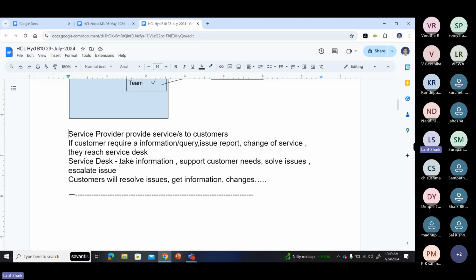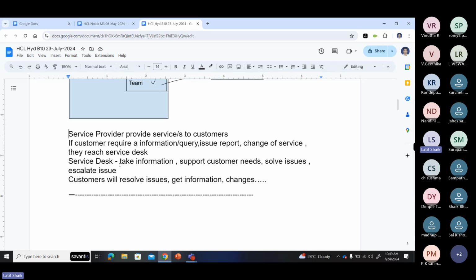Whenever the client has some issue, or wants some information, or some access permissions, or wants to change the service, he doesn't know which person to contact directly, right?